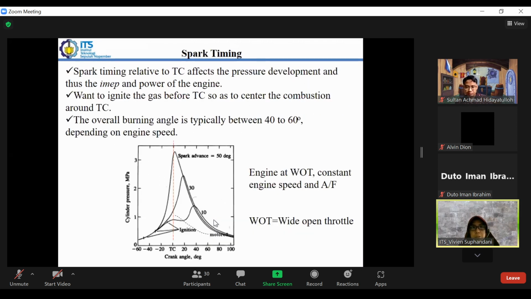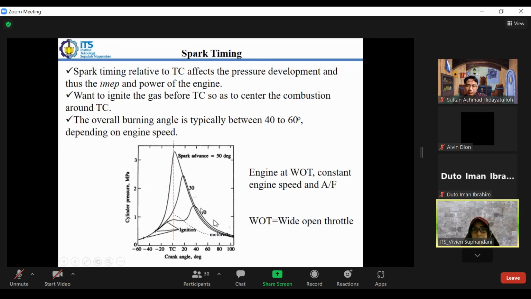And also this is dealing with spark timing. Again, this will depend on the engine as well, on when we have to start the spark to ignite. It depends on the operation.